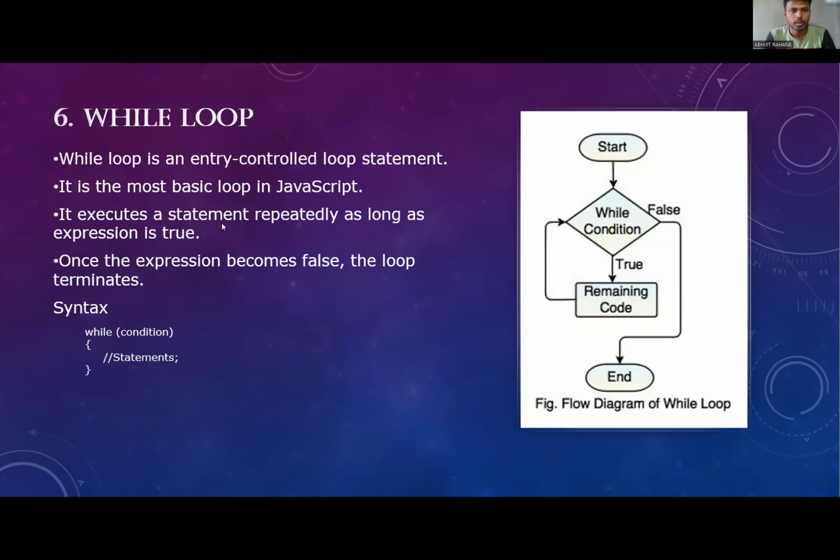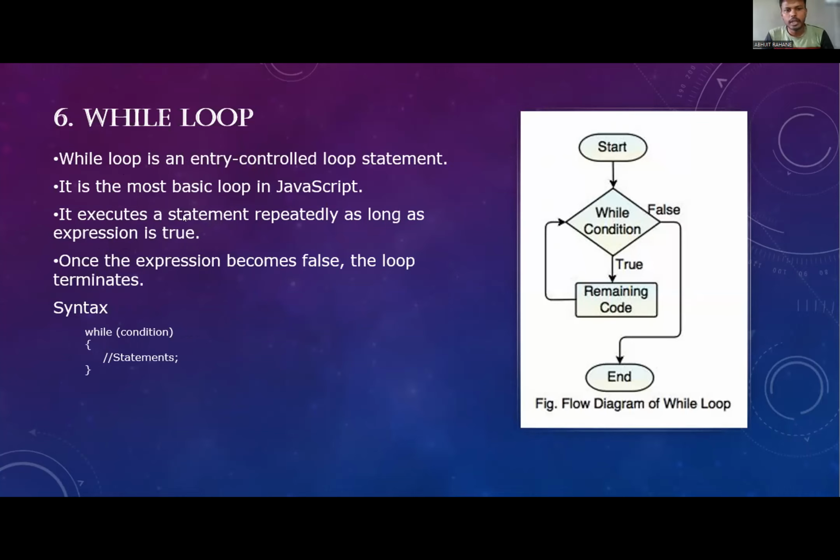The next is the while loop. The while loop is an entry control loop statement. It is the most basic loop in JavaScript. It executes a statement repeatedly as long as the expression is true. There is no limitation on a while loop.